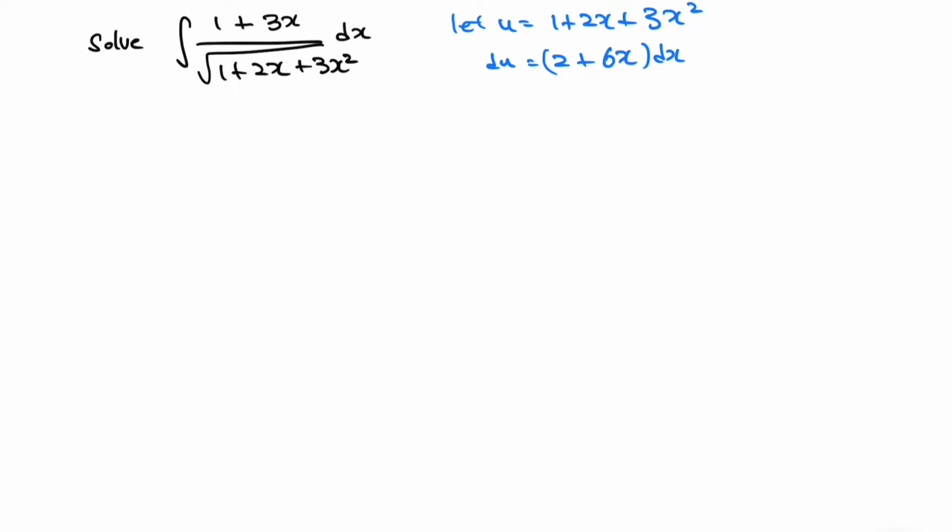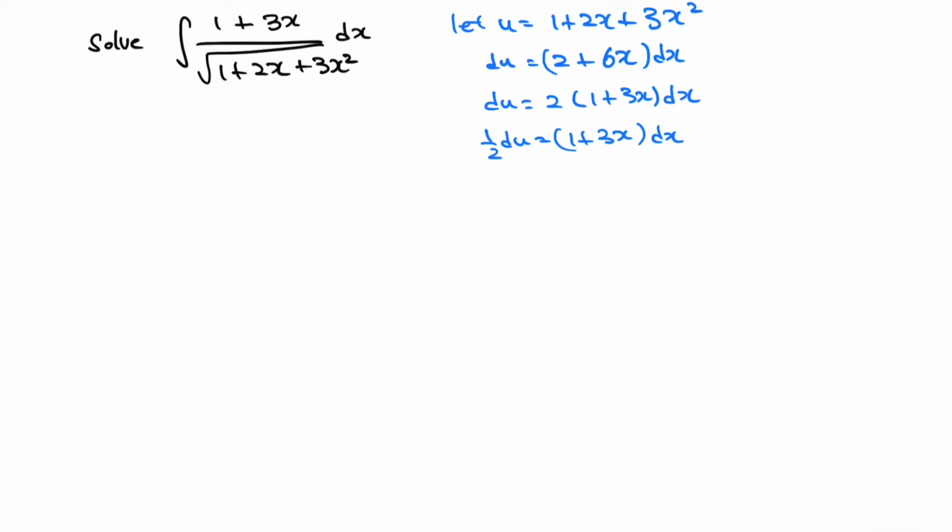Our 2 plus 6x could be factored, so I'm going to factor 2 out of our 2 plus 6x, so then we have 1 plus 3x dx, and I'm going to divide both sides by 2 and we'll get 1 over 2 du equals 1 plus 3x dx, which is exactly what we have on the top of the fraction.